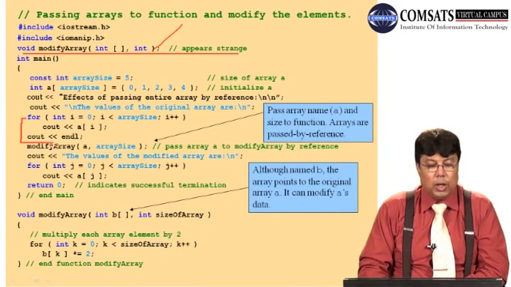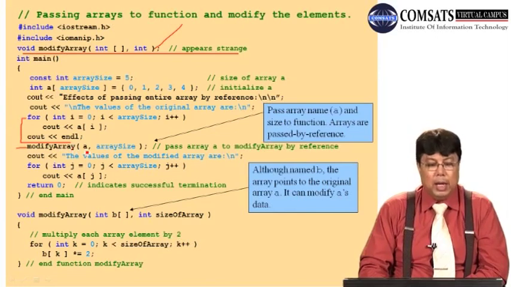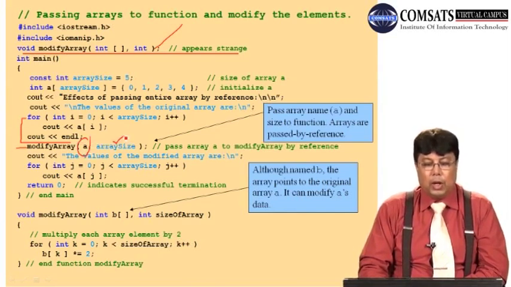Now we have called the function here, modify array. We have passed the array by simply giving the name of the array, only the name of the array, then the size of the array. Okay, the function is here. What does this function do? This function accesses each and every element of the array and multiplies each element by 2.